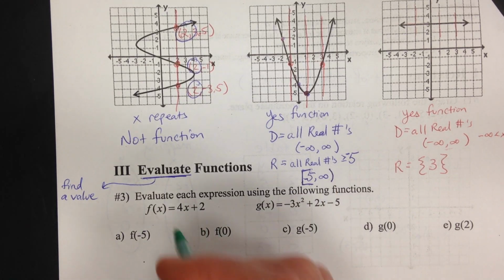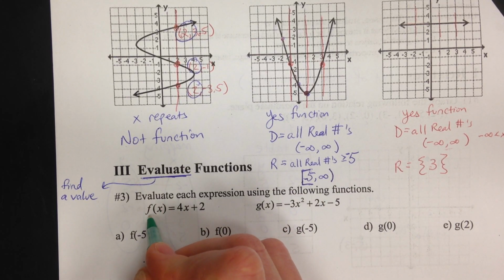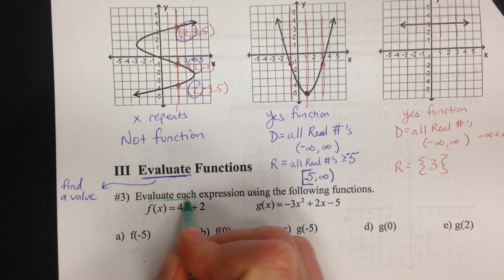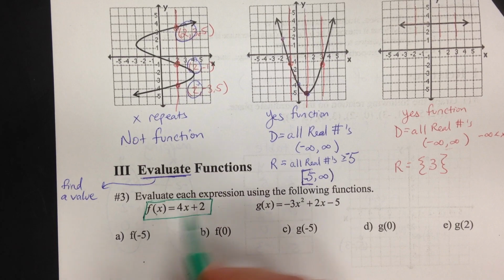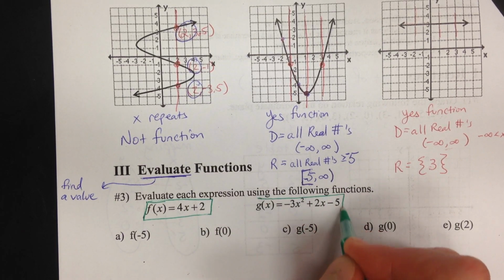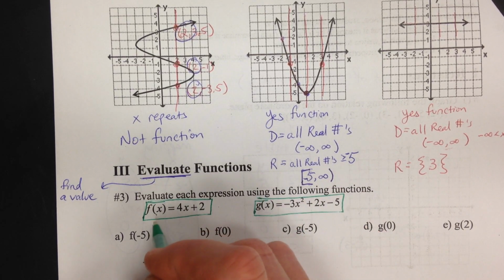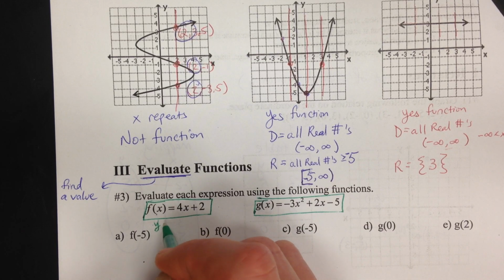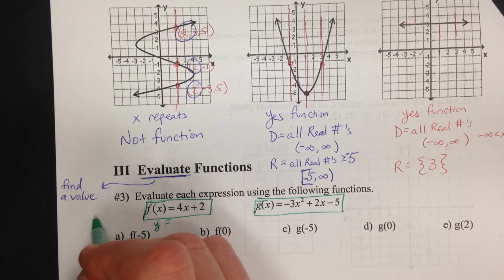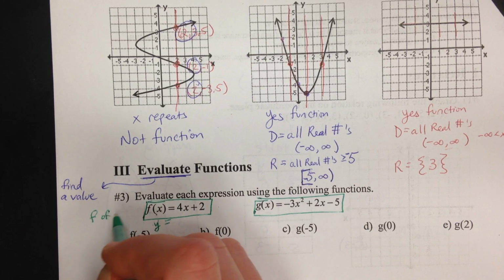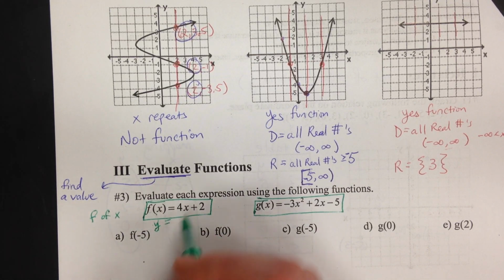Now we have two functions here. The first one is called f of x. When you see f of x or g of x, those are the same things as y equals. F parentheses x, the way we read that is f of x. That means y equals.